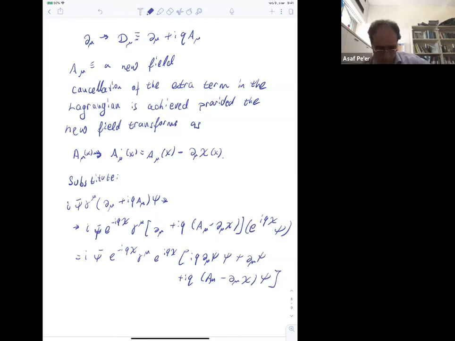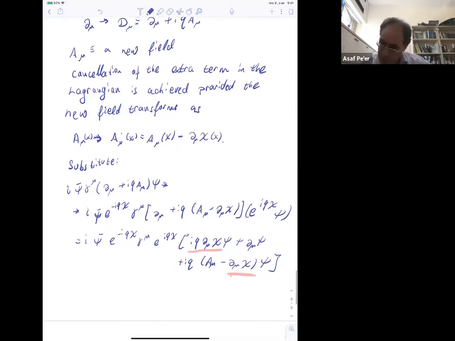But d mu chi here I have, of psi. Right, but of course, this extra term which bothered us was canceling this last term. So this is just i psi bar gamma mu d mu plus iQ A mu psi.